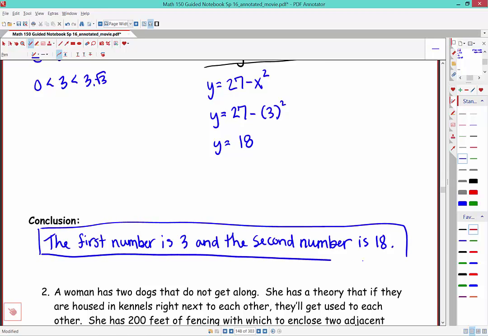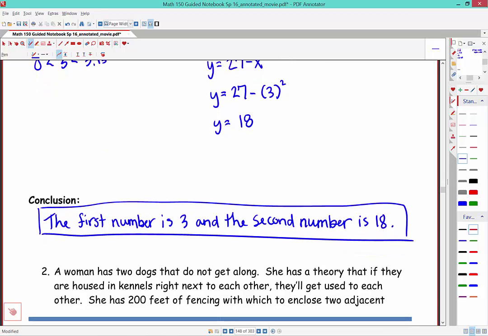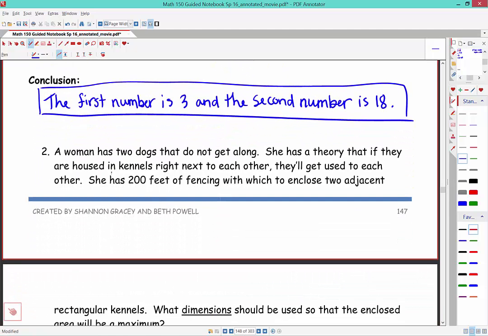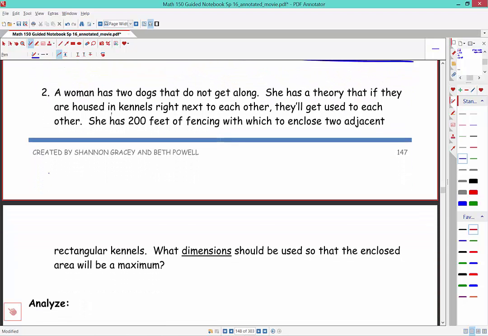So all of this work will be looked at if you're in my class and you're taking an exam, but the actual conclusion is here. All right? Now, at any time, please feel free to pause the movie and try the problem yourself and see how you do. But right now, we'll go ahead and take a look at number 2.